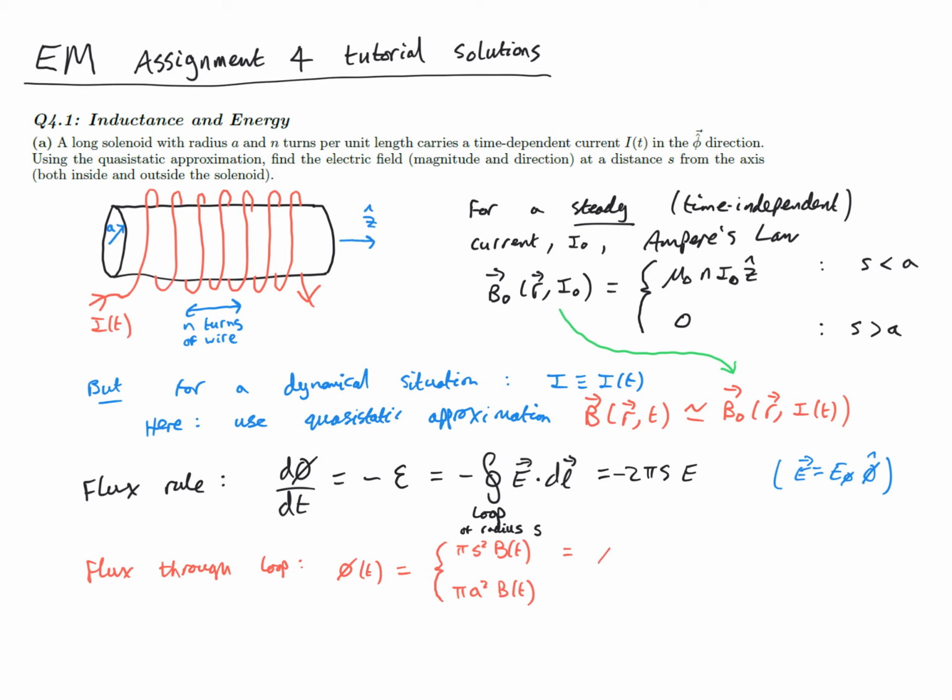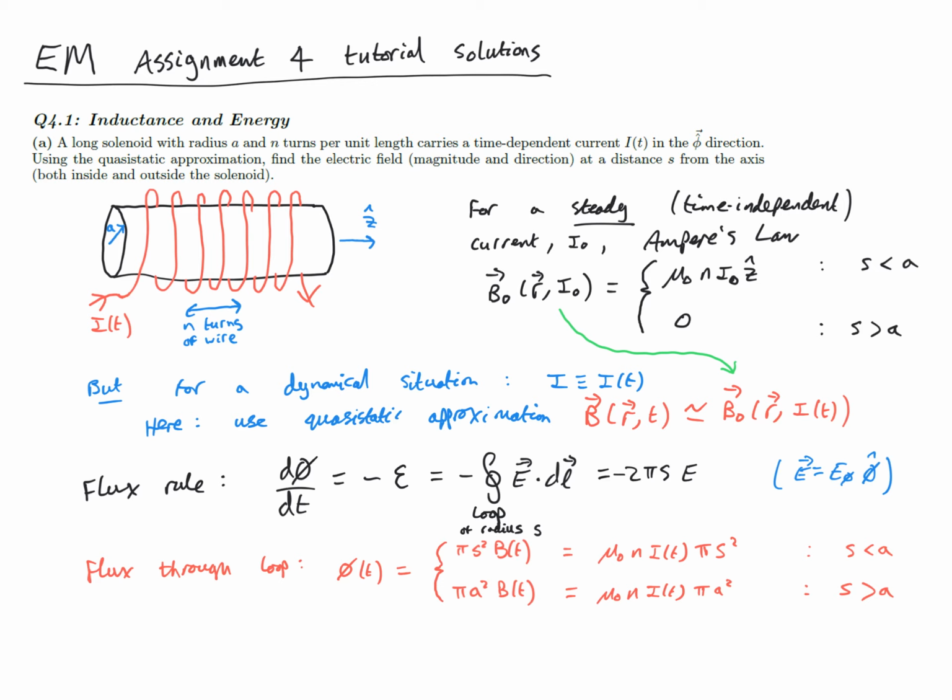That's going to give us mu naught n I of t within the quasi-static approximation, pi s squared for s less than a, but it's going to give us mu naught n I of t pi a squared for s greater than a. So there are our two results for the flux.